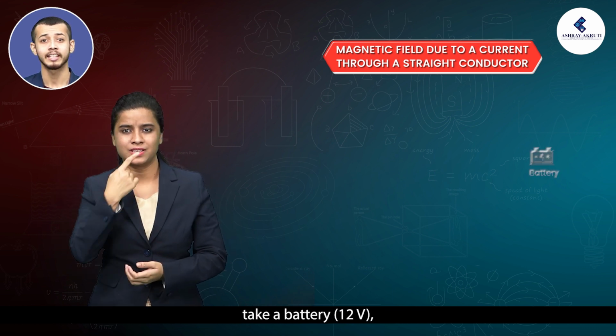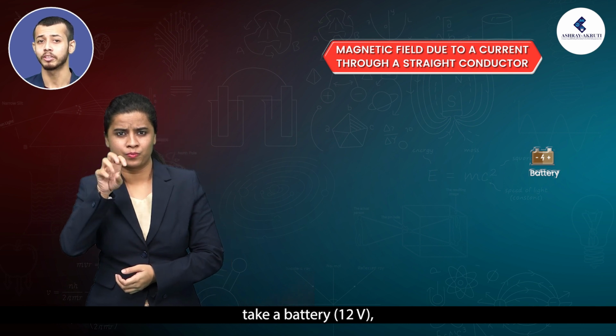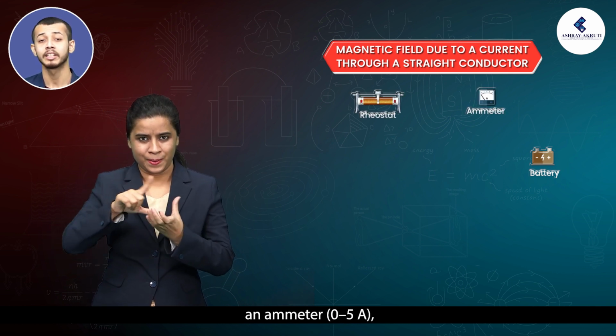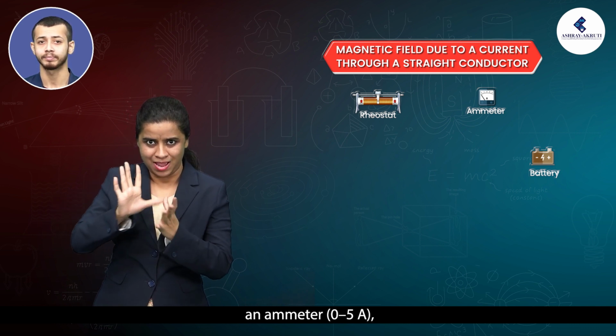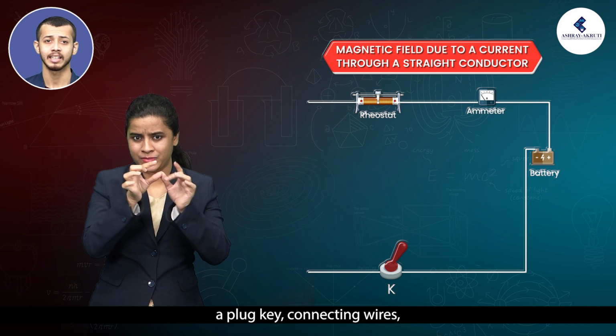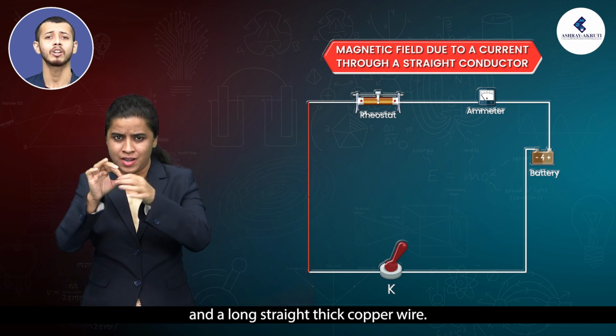For this, take a battery 12 volt, a variable resistance, an ammeter 0 to 5 ampere, a plug key, connecting wires and a long straight thick copper wire.